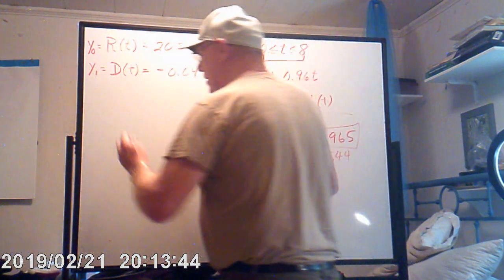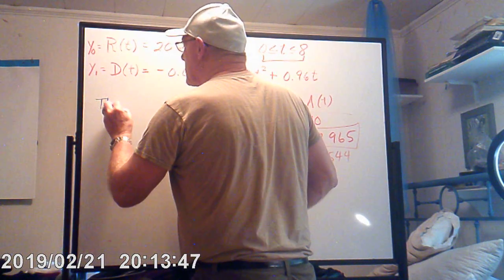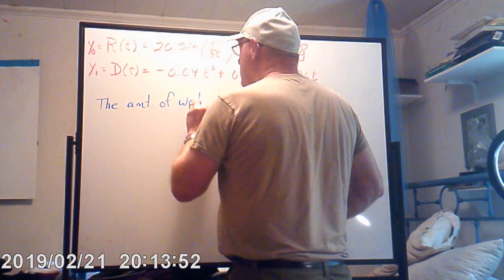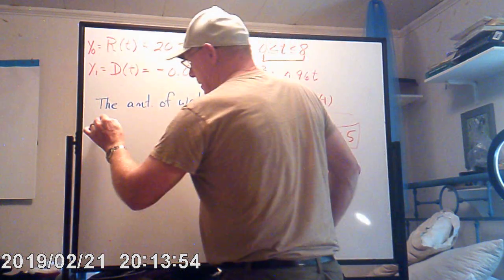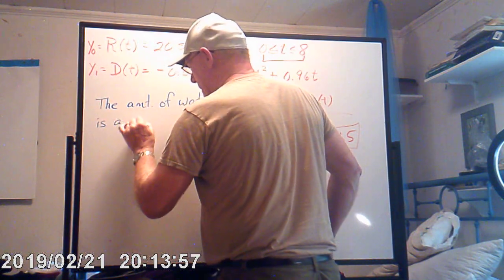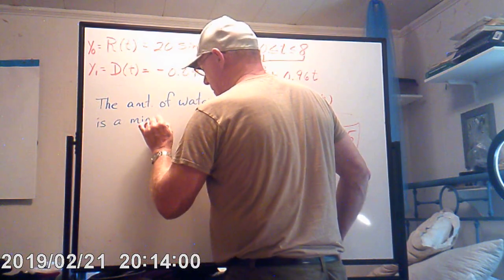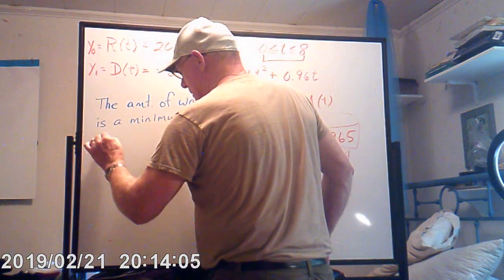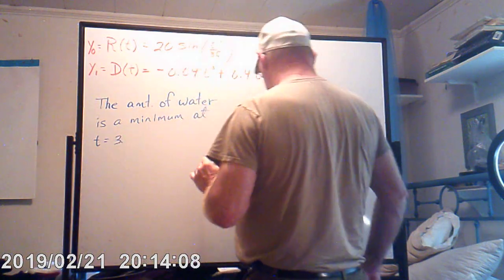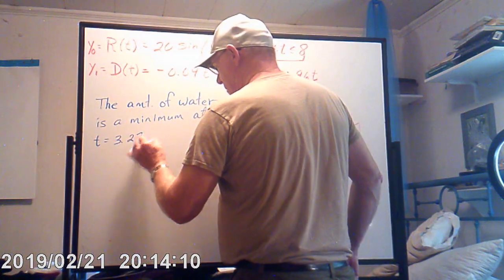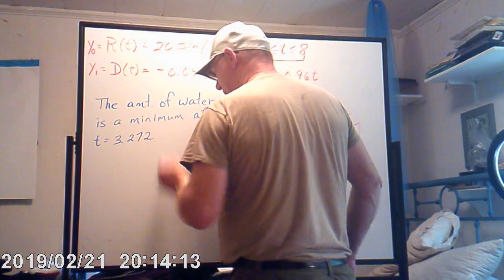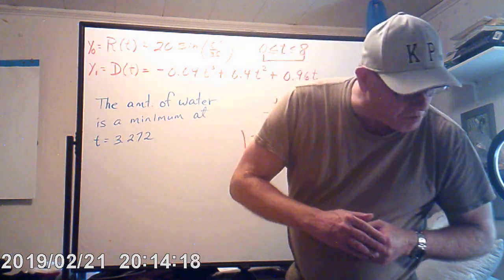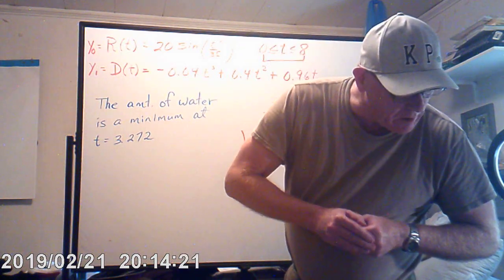The amount of water is a minimum at T equals 3.27, if you want to go to 2 decimal places, hours.